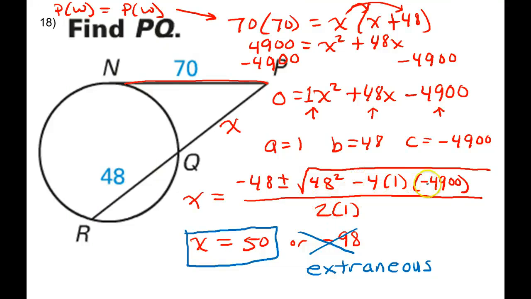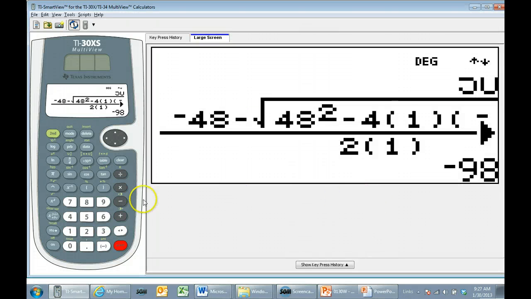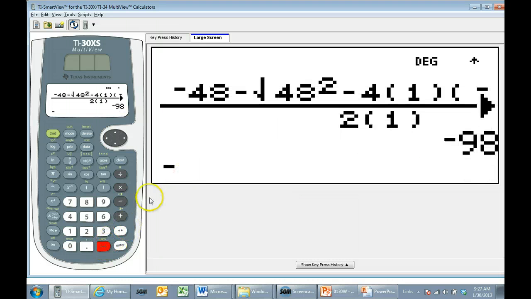Be careful with your negative signs and minus signs on your calculator. If you get some sort of an error, it's usually because you pressed the wrong button. We have this subtraction sign, this black button here, and then we have this white button, which is like your negative numbers. So, for example, this negative 48, that's the white button.